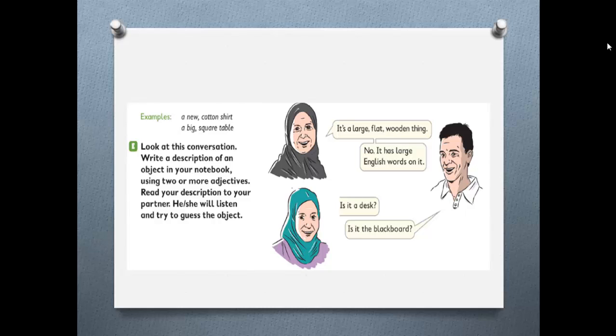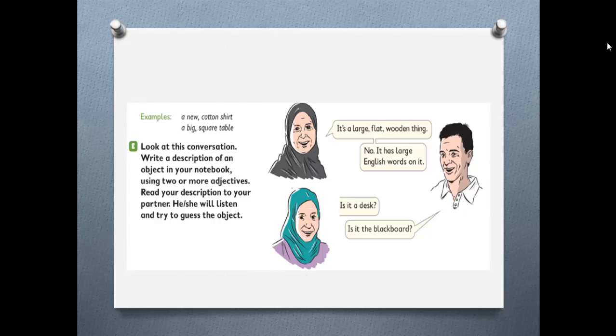Examples: a new cotton shirt, a big square table. Now number E, look at this conversation, write a description of an object in your notebook using two or more adjectives.